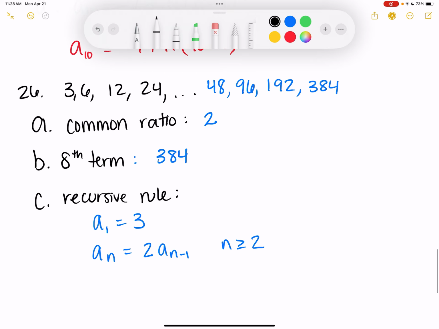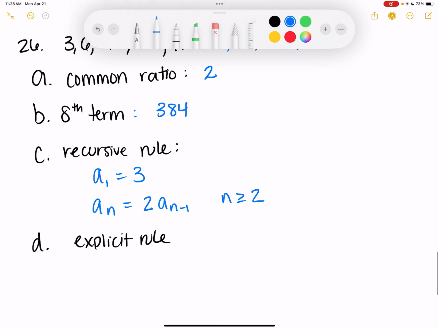Then, let me rephrase. This is the explicit rule. We would have a sub n is equal to whatever the first term is, so 3, times the common ratio, so that would be 2, raised to the n minus 1, and so that's how we can find any term.